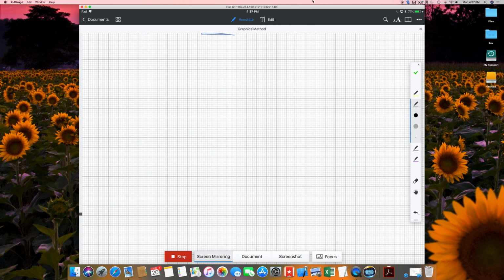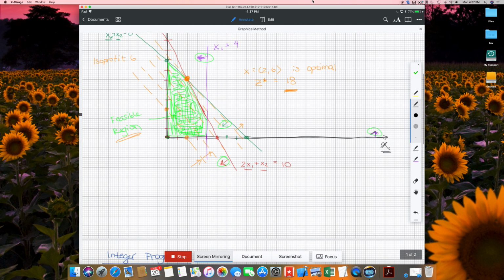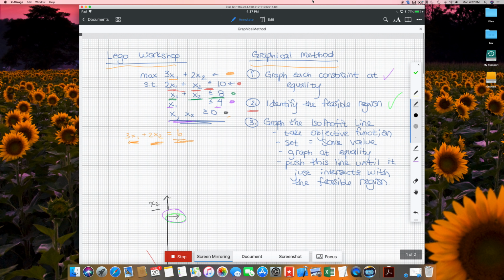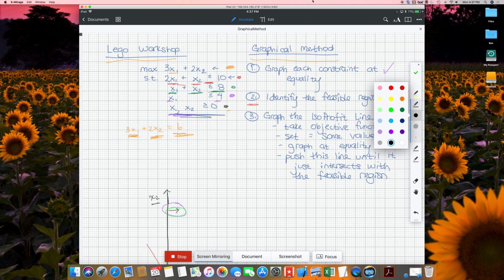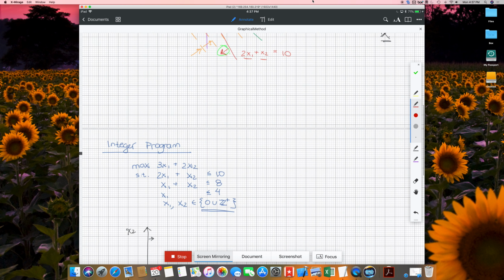So I'm going to define my axes. Here I'm going to label this as x1, and this is x2, and we know x1 and x2 have to be greater than or equal to 0. We're going to continue to graph all of our lines at equality, so I'm going to keep the same colors, and I'm going to graph 2x1 plus x2 equal to 10.